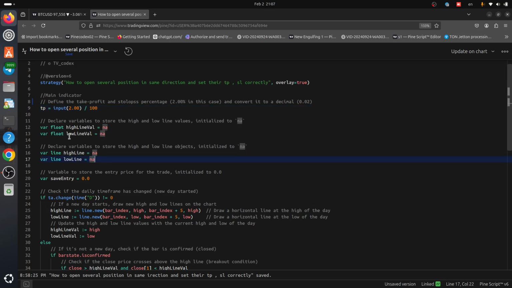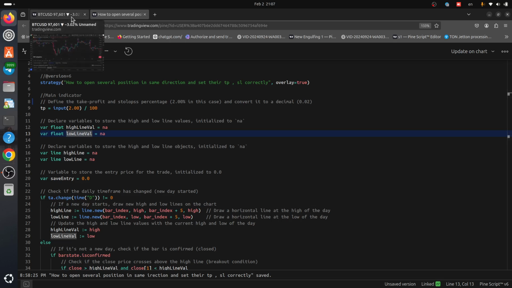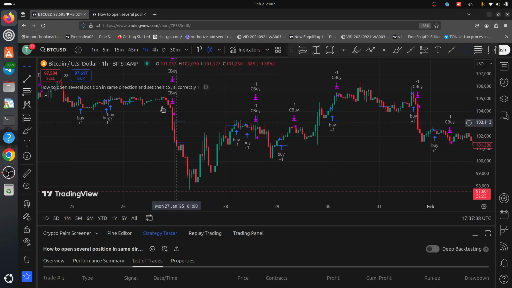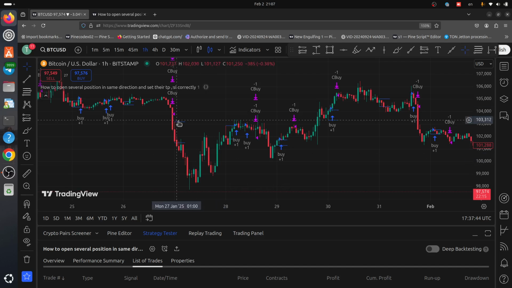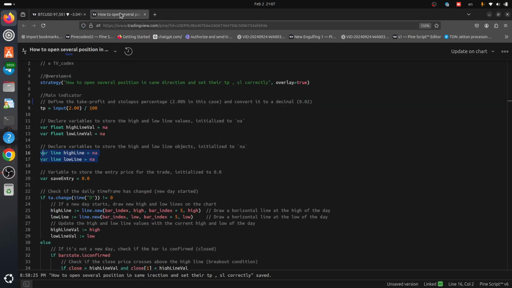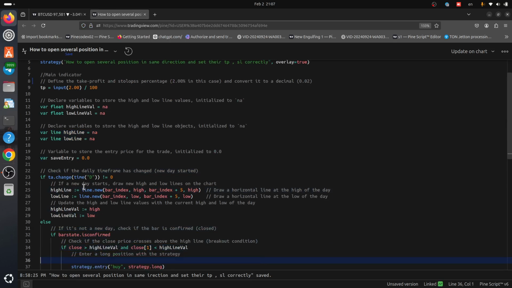So we define a high line value and low line value to store the high and low of this candle, and high line and low line to draw lines. And a strategy entry counter, I will explain.